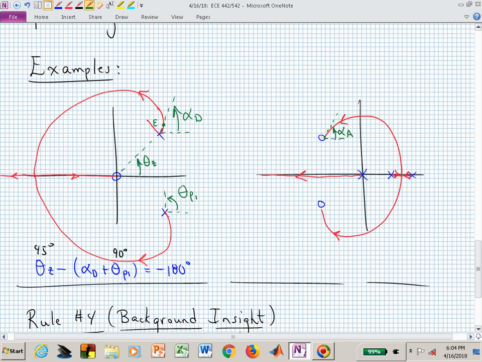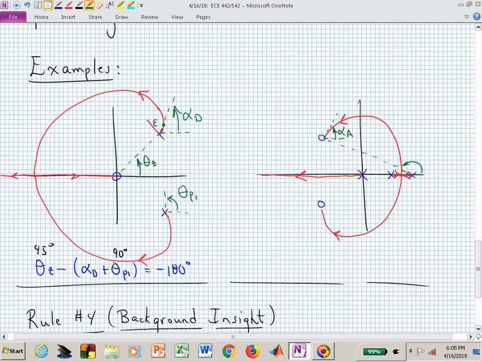Alpha sub d, the way I've sketched it, is about 45 degrees. Whether that's right or wrong, I could calculate. Because I can numerically, if I've given all of these values, I can measure or analytically compute this angle from that pole.